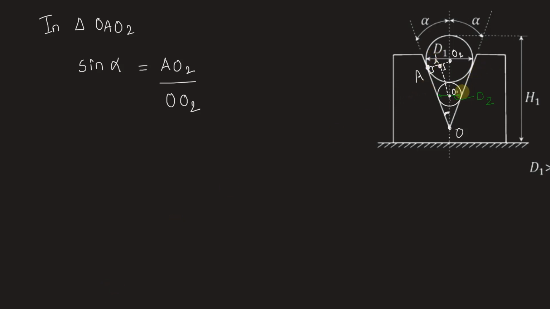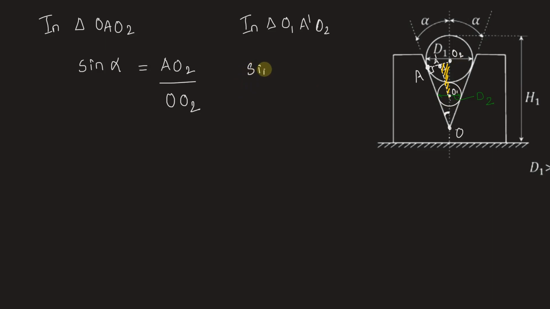Now in triangle O1 A dash O2, this smaller triangle, which I highlight using the yellow hatch, again this angle will be alpha only because we have drawn a line parallel to OA. So angle A dash O1 O2 is also alpha.